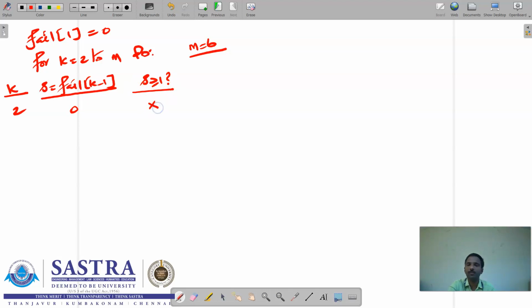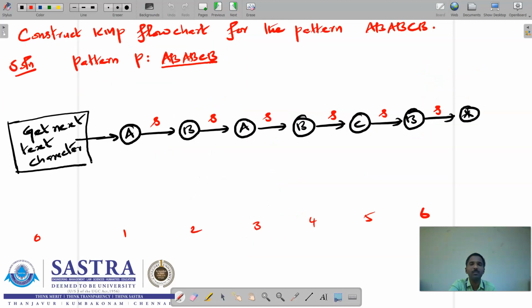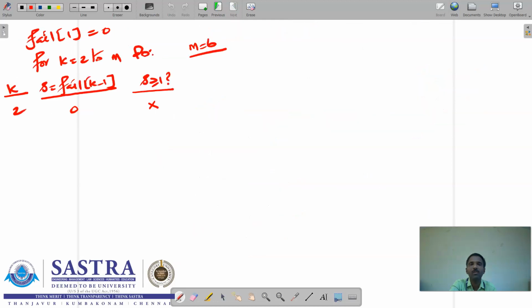Is S greater than or equal to 1? The condition is false. While S is greater than or equal to 1, we execute the if as well as the assignment statements. If the condition becomes false, control comes out of the while loop, then it executes fail of k equal to s plus 1. Let's write the conditional test: if S is greater than or equal to 1, then check if P of s is equal to P of k minus 1?